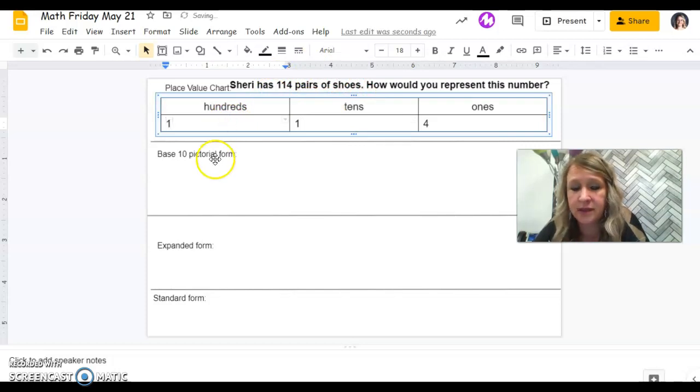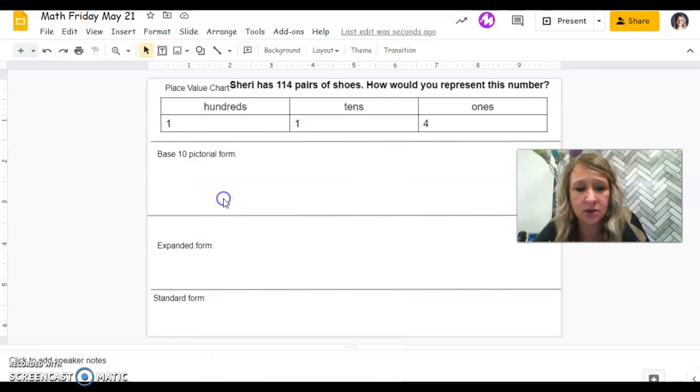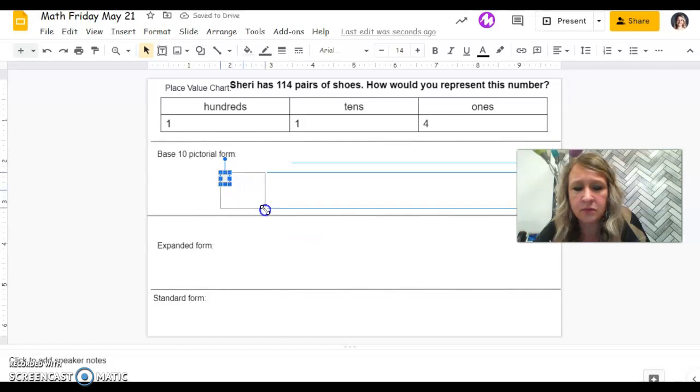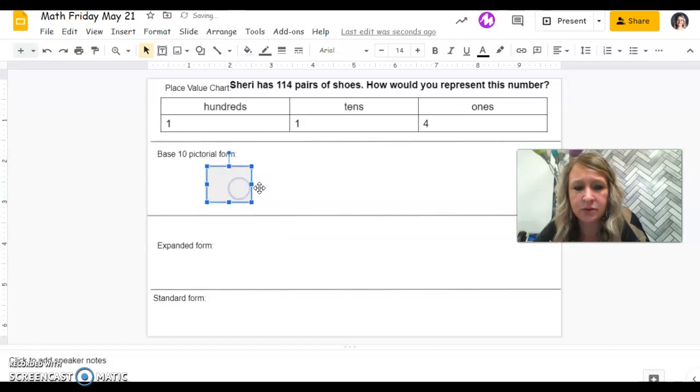1. Now, base 10 pictorial form, I'm going to use my place value blocks. So how many hundreds blocks do I need? 1. Good. I'm so glad that you are remembering place value.